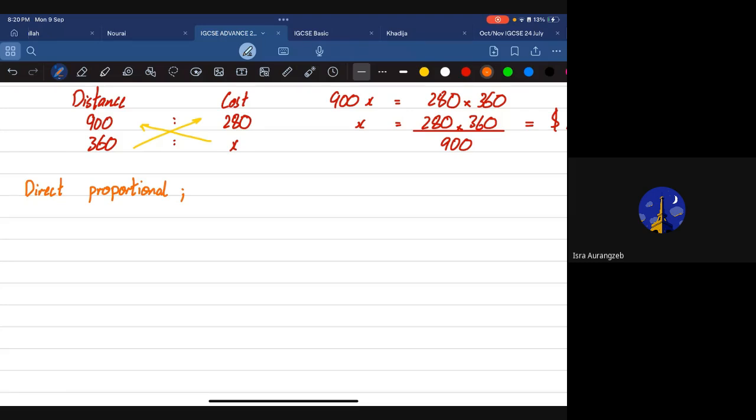Wow, excellent. If the number of individuals going to a restaurant to eat increases, then obviously the restaurant is going to make more money because they are the ones selling food. Obviously, the restaurant is not going to sell the food for free. Yes, Isra, like the cost of the fruits or vegetables increases as the weight increases. Wow, excellent work, Isra.